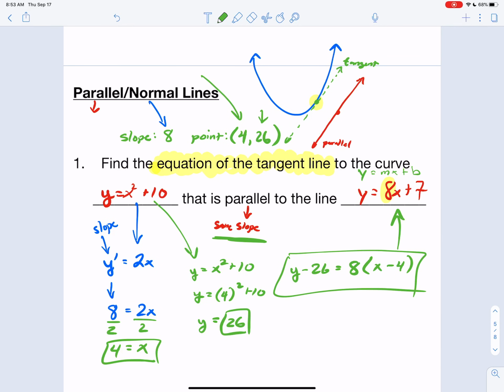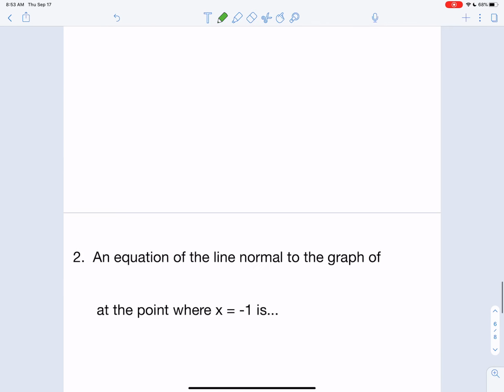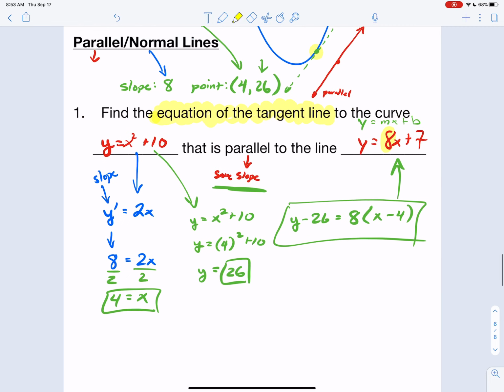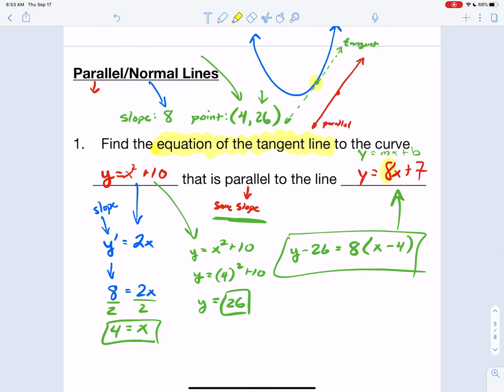Now, we introduce this term here, normal. Go ahead and write down this problem, and then I'll talk about normal. Now, a normal line is very specific. I'll draw it in pink here. It is a line that is perpendicular specifically to the tangent line.